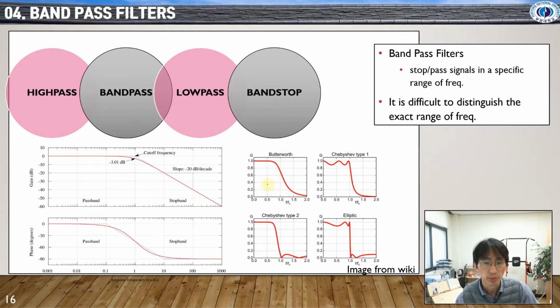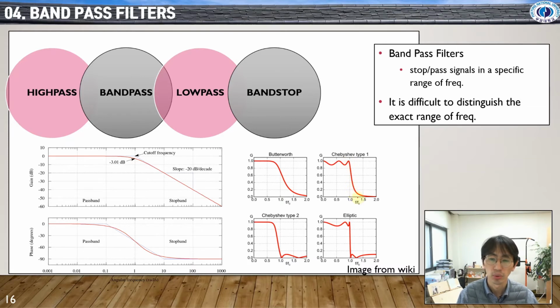This is the Butterworth filter, one of the famous filters. And as you see, the division between the bands is not very sharp. So some people developed a new filter with a sharp slope.